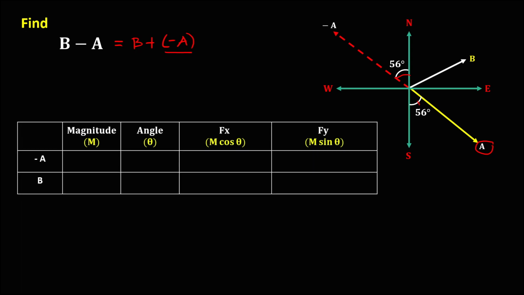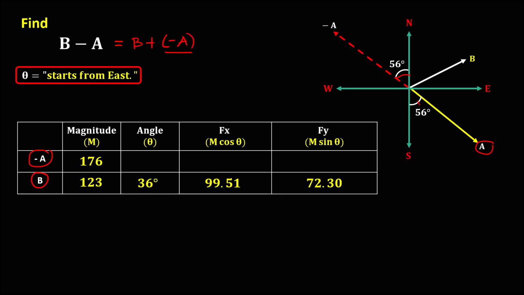Then, using now the vector components, observe for B, we just need to copy all the data for B. Then for this negative A, again the magnitude is 176. Then to find theta, it always starts from east. Observe that this angle touches on this quadrant, and this one is 90 degrees, starting from east.